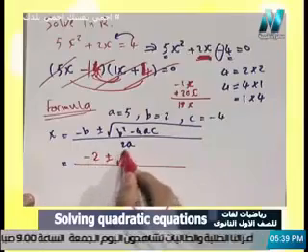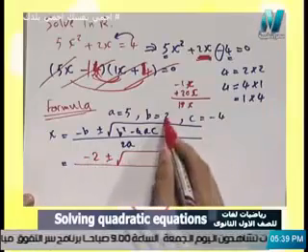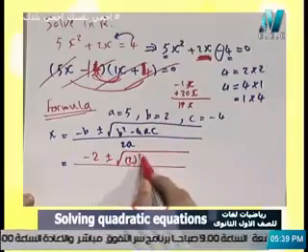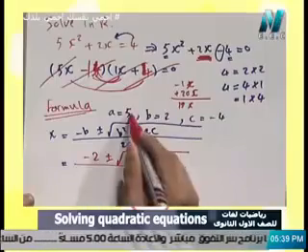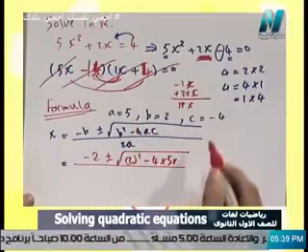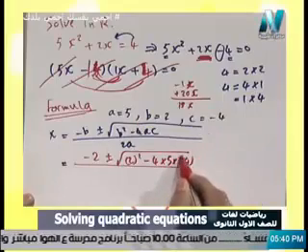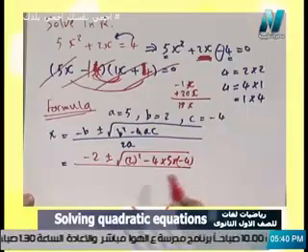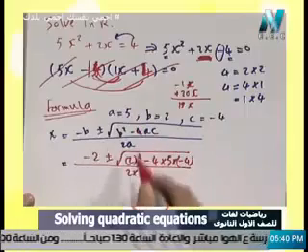Plus or minus square root of B power 2, which means 2 power 2, minus 4, A here is 5, and C is negative 4. Put it inside brackets here. Over 2A, 2 multiplied by 5.